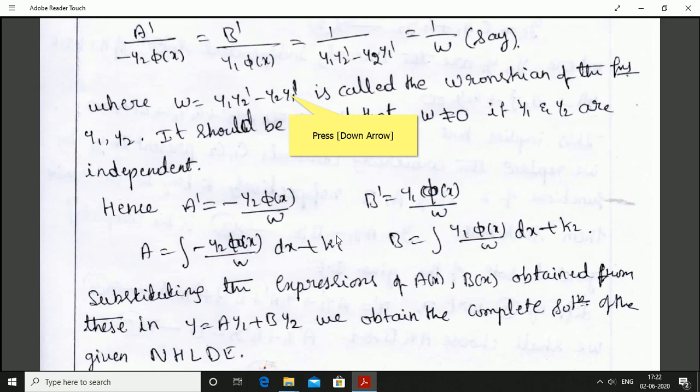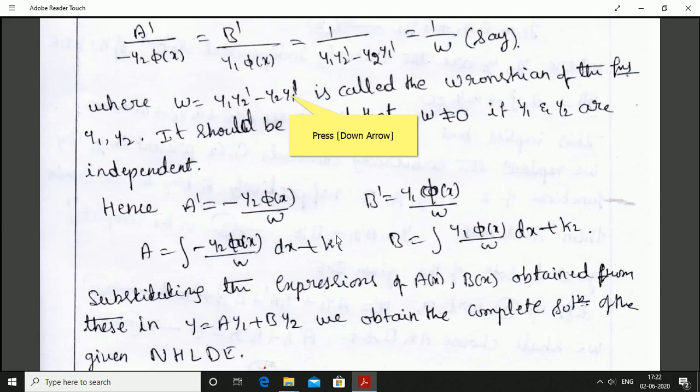What is W? W is the Wronskian of y1 and y2, that is, W = y1 y2' minus y2 y1'. It is the Wronskian of y1 and y2. We need to observe that W should not be equal to 0.